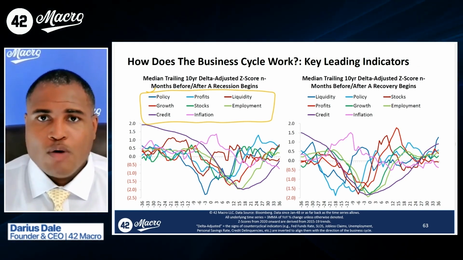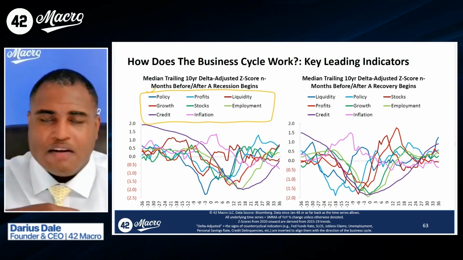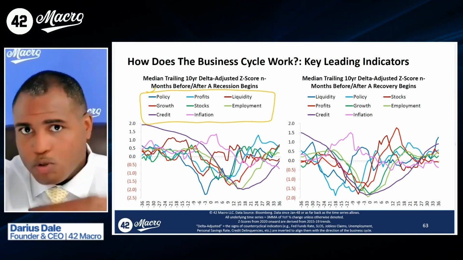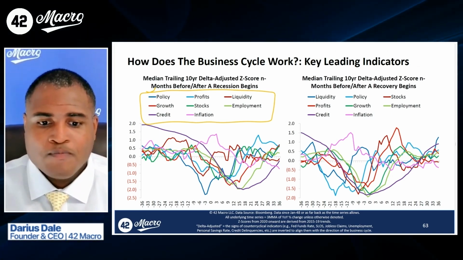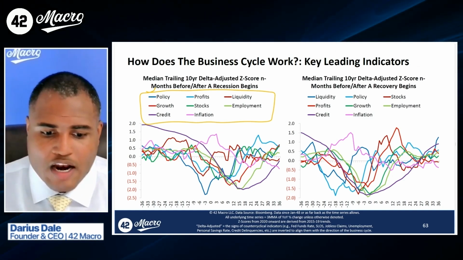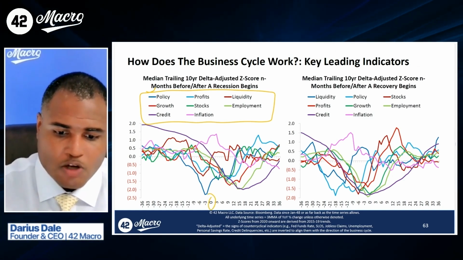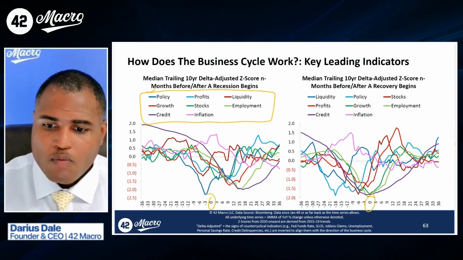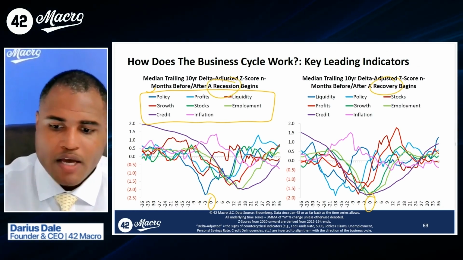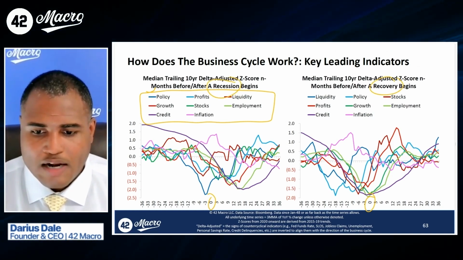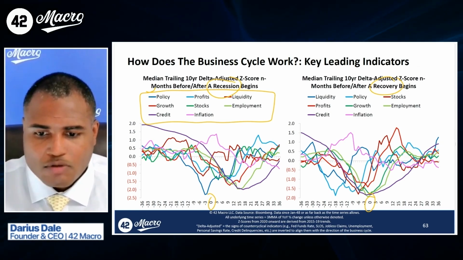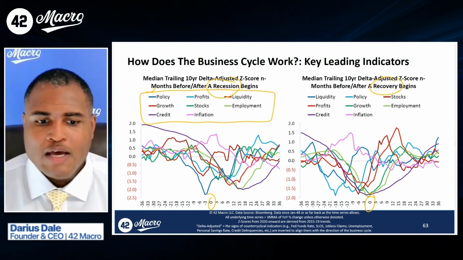So we're stacking all of them on top of each other to identify the median progression of each time series in and around recession, with 0 being the start of recession, or in and around recovery, with 0 being the start of recovery in the chart on the right. You're going to see a lot of charts like this, so just be aware that that's how you should be interpreting the analysis.